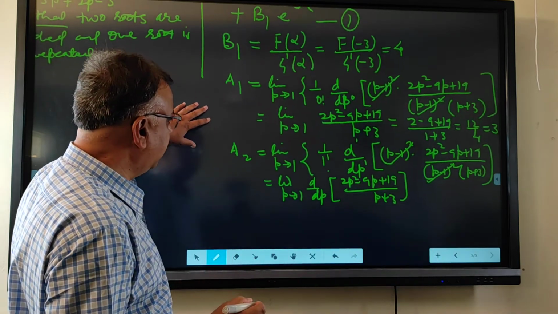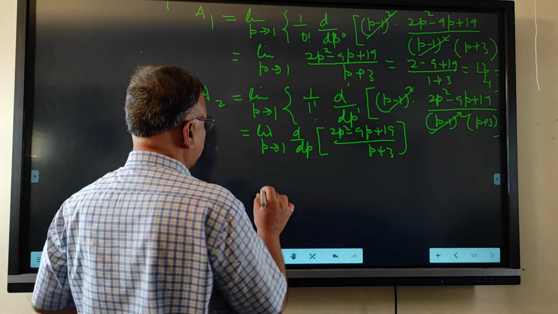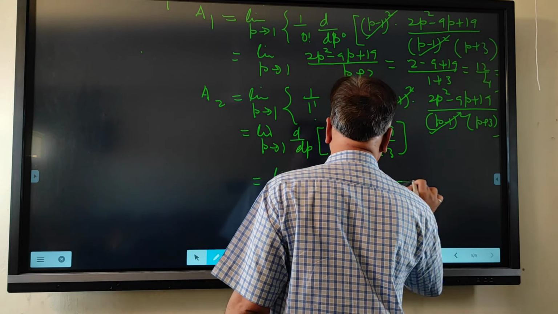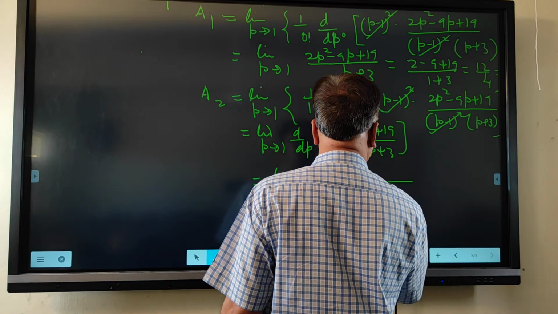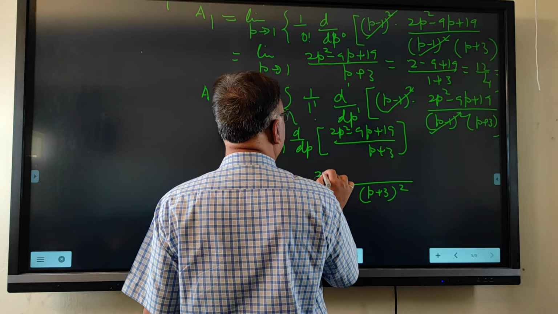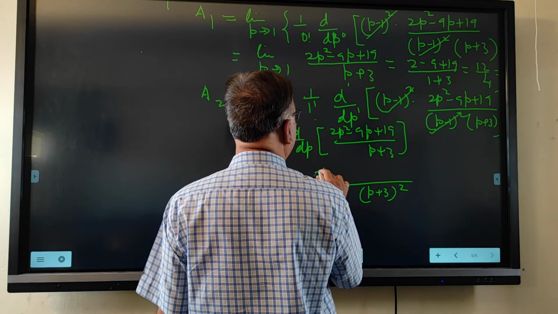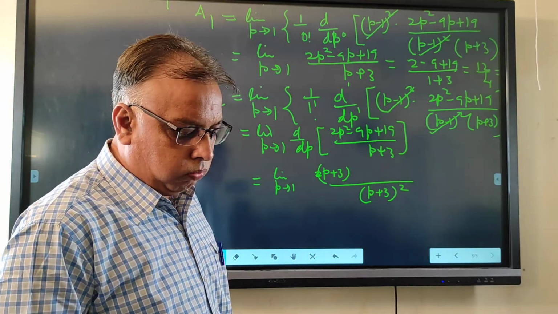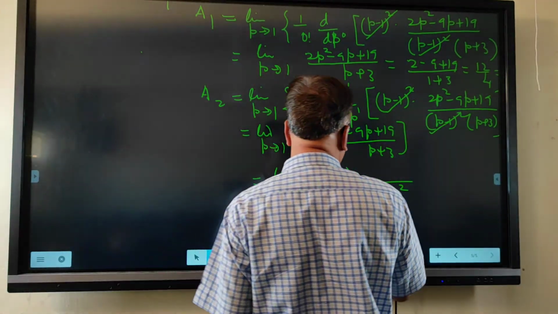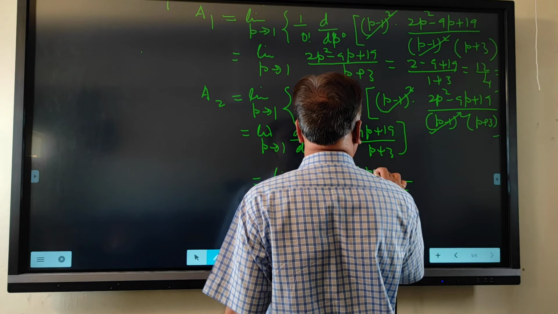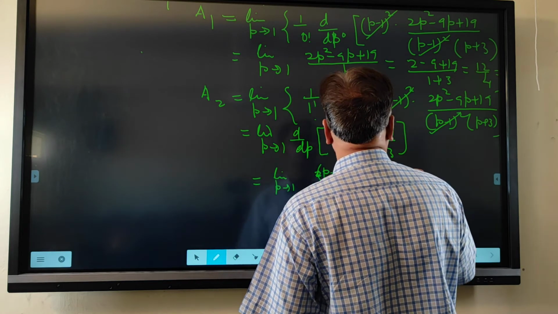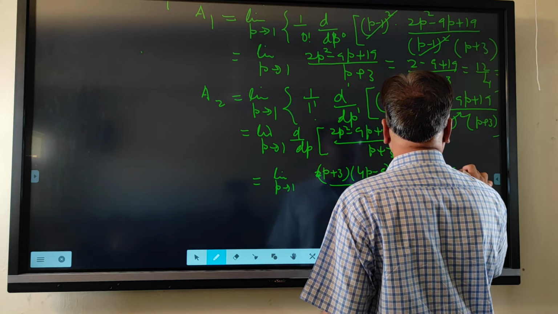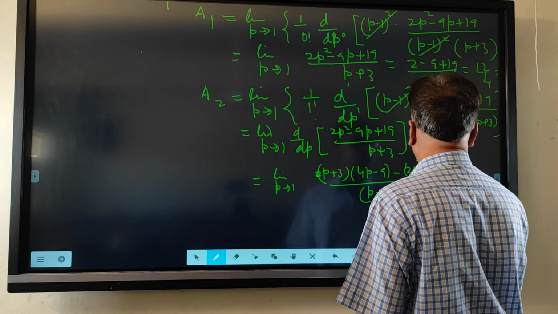If we differentiate this with respect to p, we get limit p tends to 1 of 1 upon (p plus 3) whole square into [(p plus 3) into (4p minus 9) minus (2p square minus 9p plus 19) into 1].